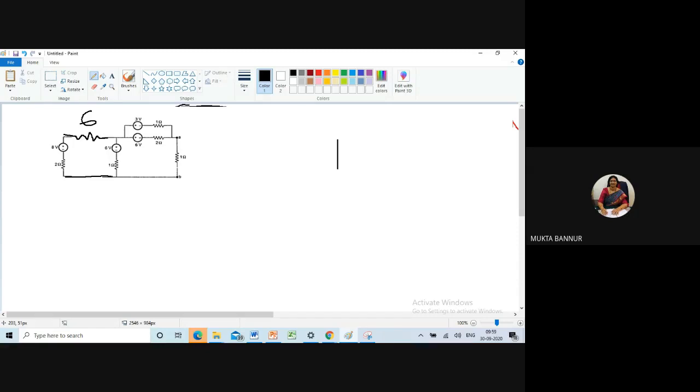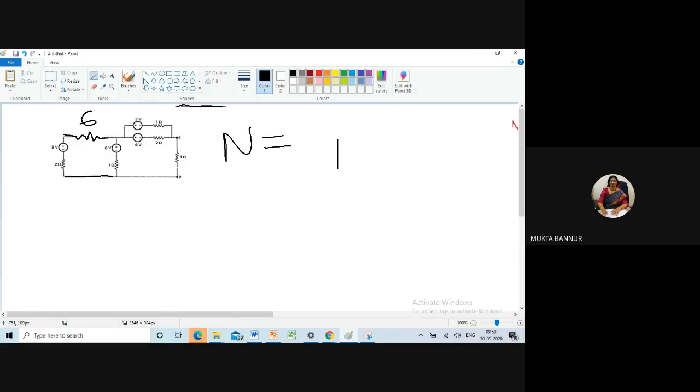Anybody is having an answer for this one? Let me know how many nodes and how many branches are there in this circuit. How many nodes? Then I'll explain about this problem.